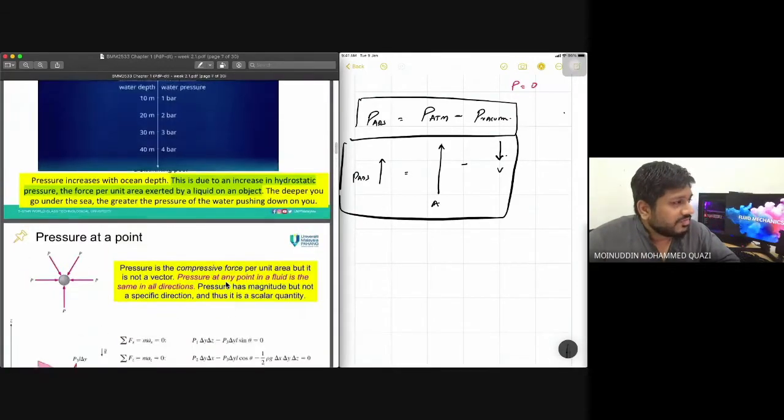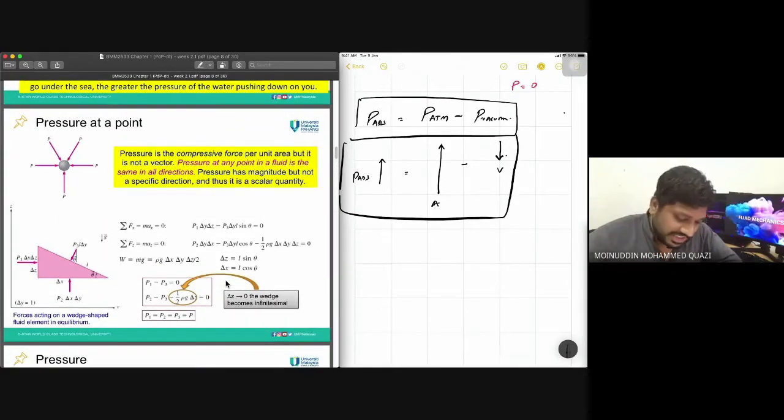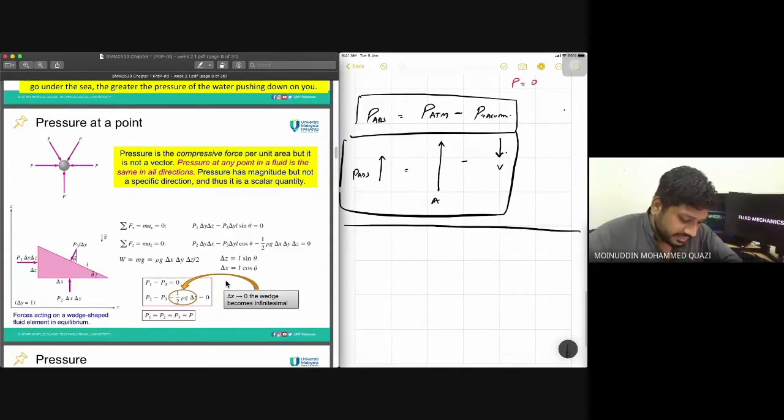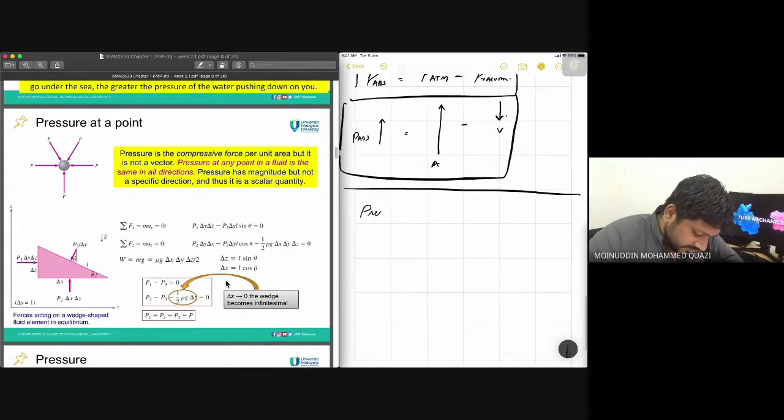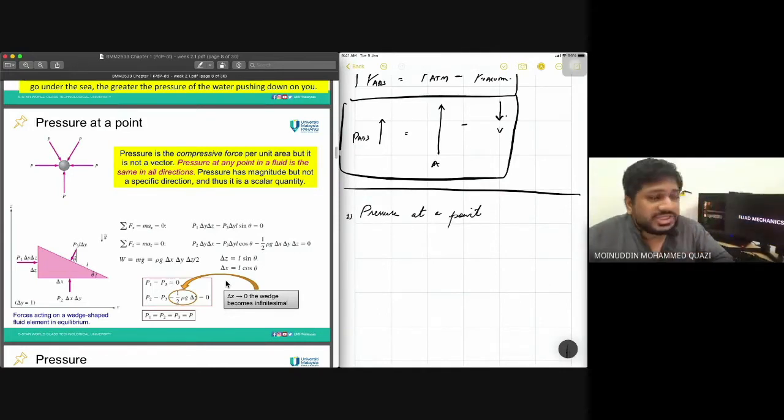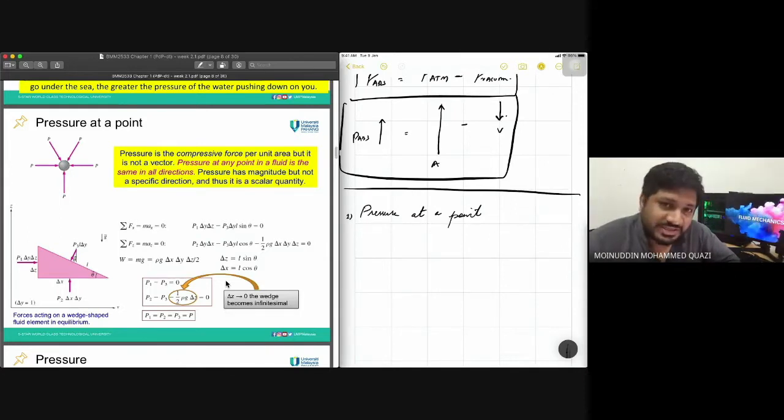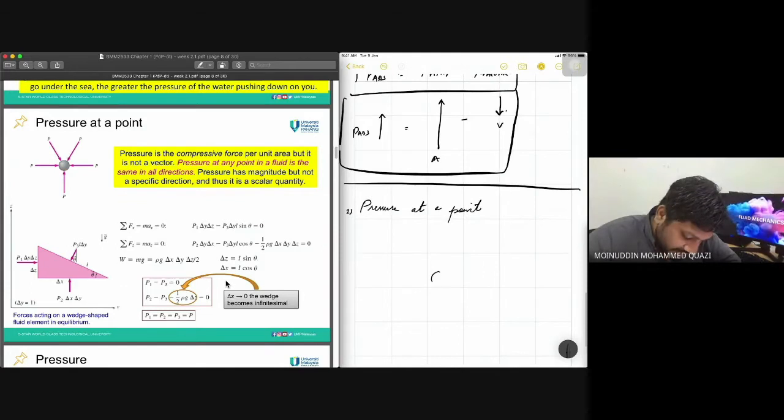So let's talk about pressure at a single point. What is pressure? Is pressure a vector or a scalar? Pressure is basically a scalar quantity because it does not have a specific direction. When we talk about a body, on this body the pressure is acting in all directions.